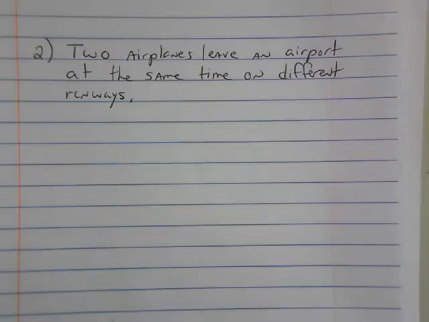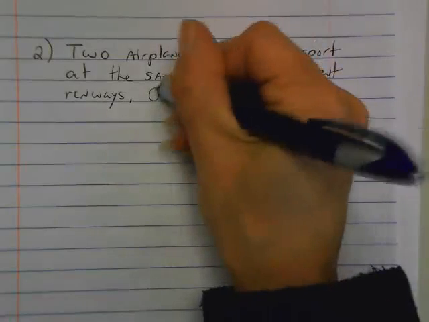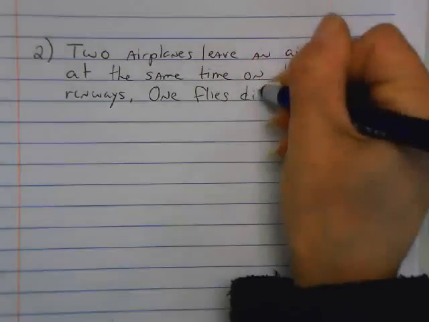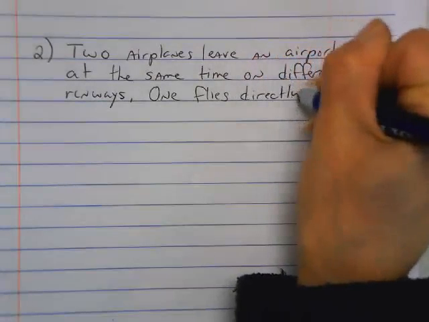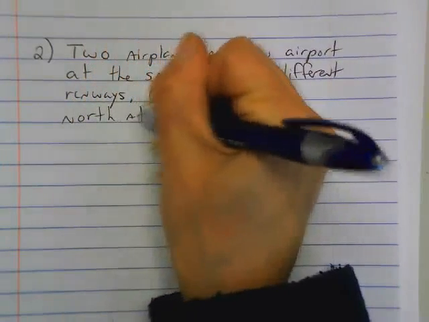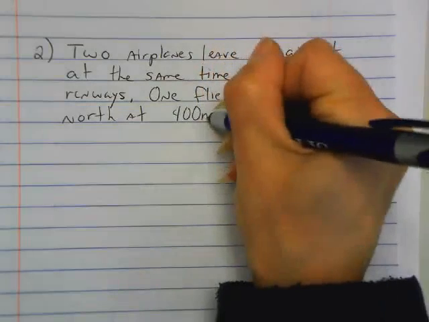One flies directly north at 400 miles per hour.